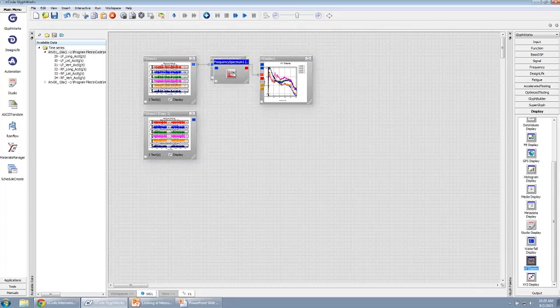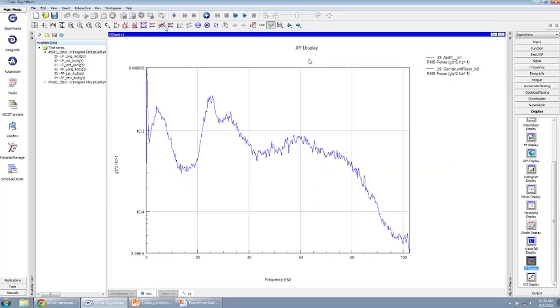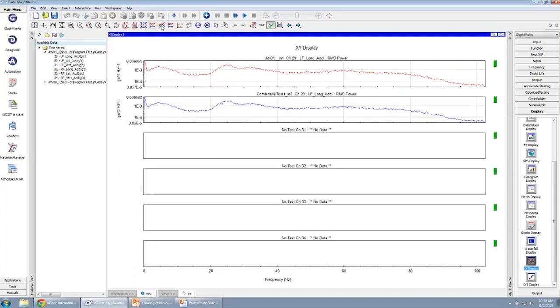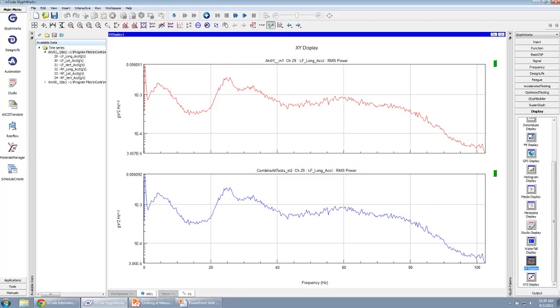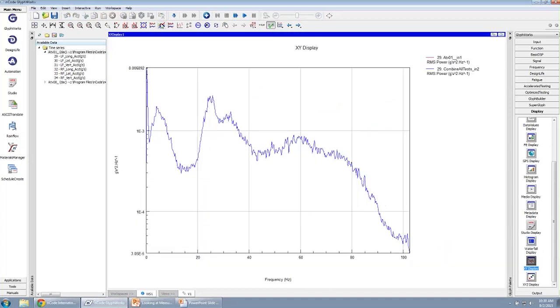If we do the same exact frequency spectrum calculations, the same buffer size, the same type, and run that process, maximizing our XY display, we can see that we have 2 plots. This is the frequency content of 1 repeat of my test. Here's the frequency content of 2 repeats of my test, and when they are overlaid, they are on top of one another.